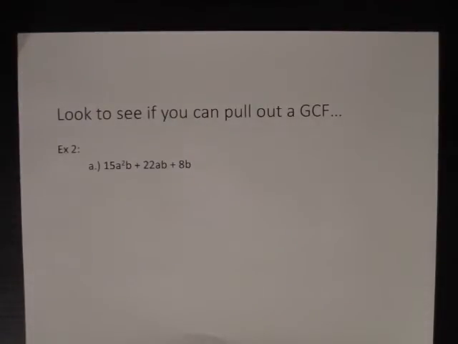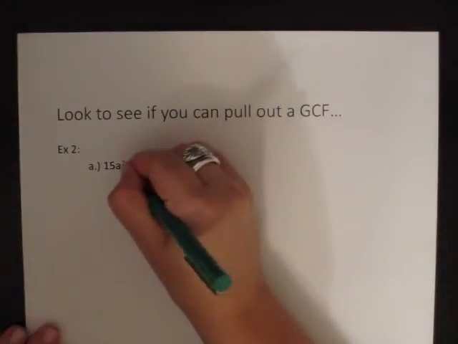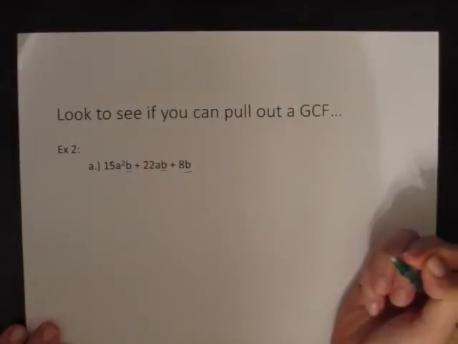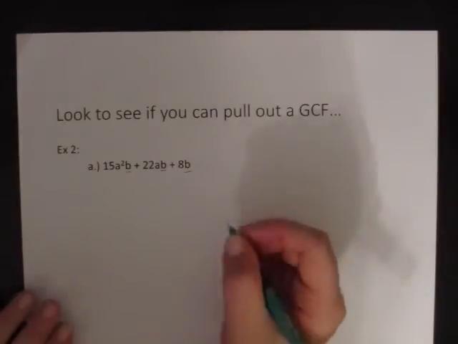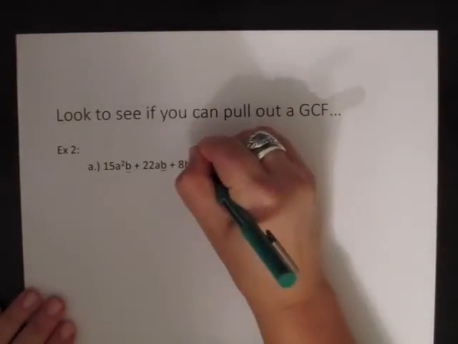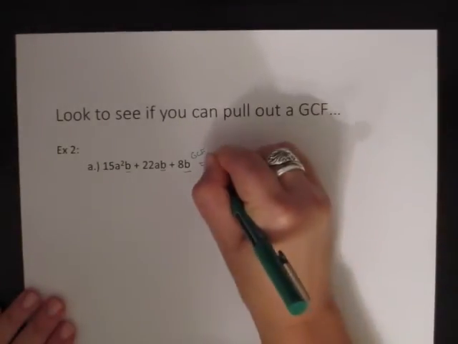Alright, so for this one I've got 15a squared b plus 22ab plus 8b. So what I have in each term is a b. And if I look at my numbers 15, 22, and 8, I can't pull anything out with that. But I can pull out a GCF of b.